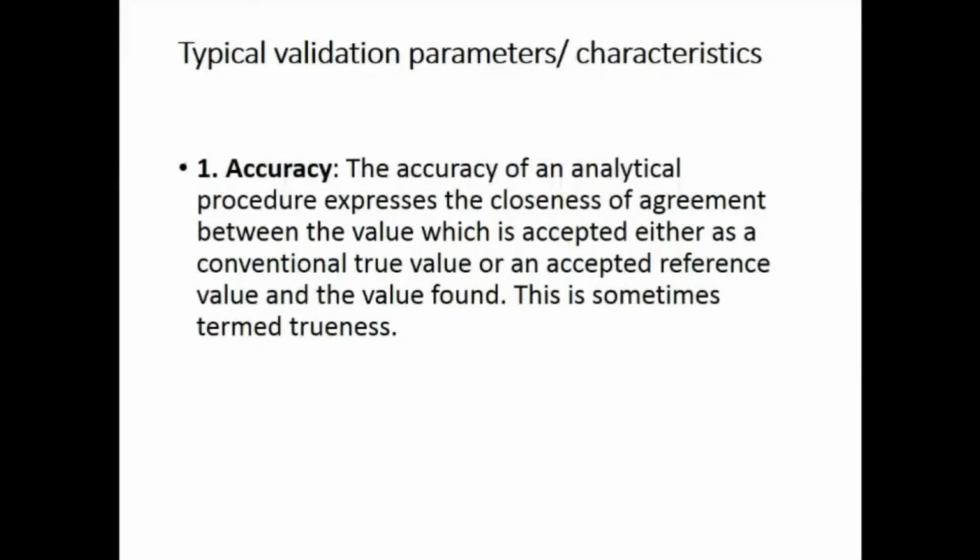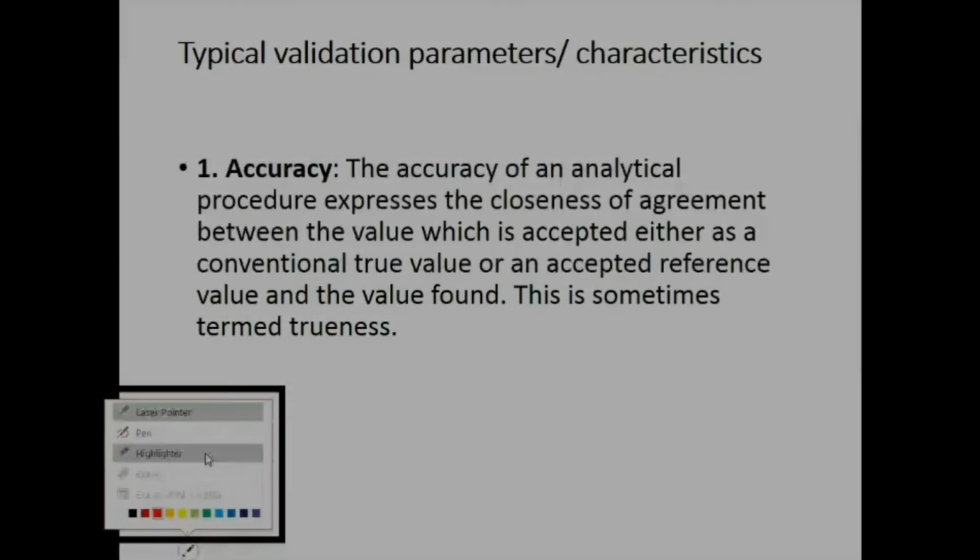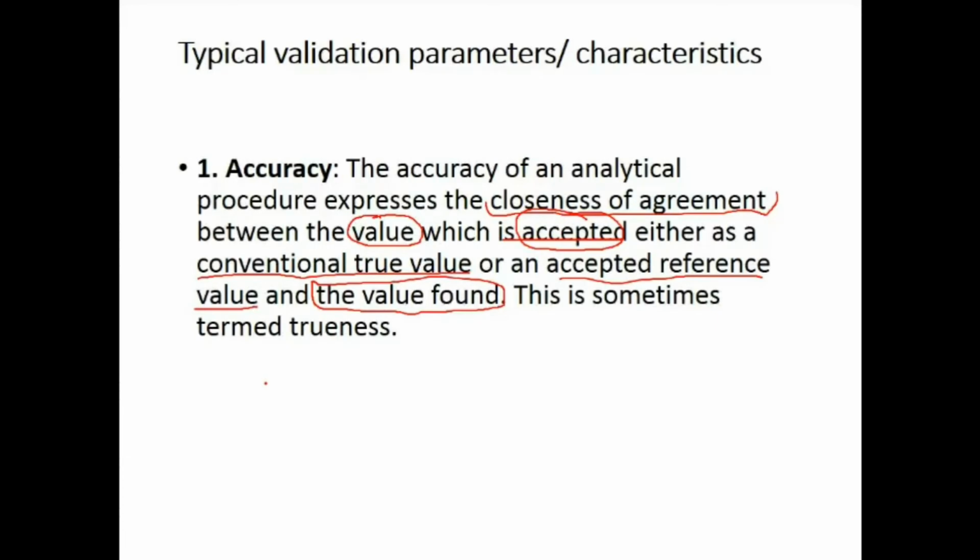This is sometimes termed trueness. Copy down this definition. I will explain the definition. So accuracy is nothing but closeness of agreement. It is not exact agreement, it is closeness of agreement.